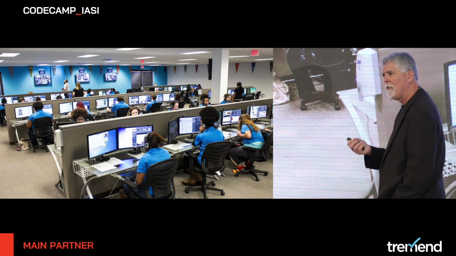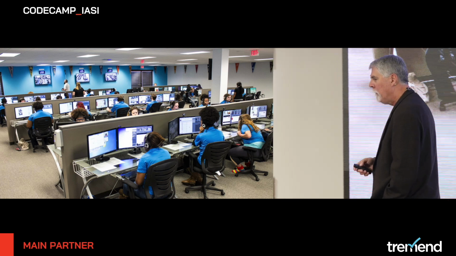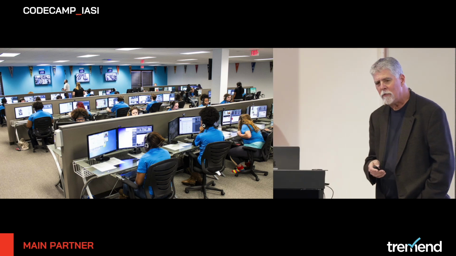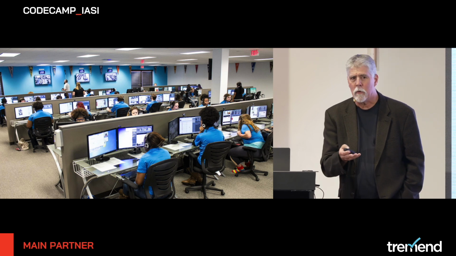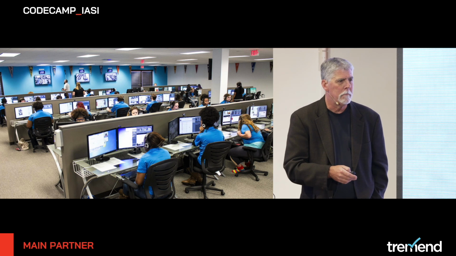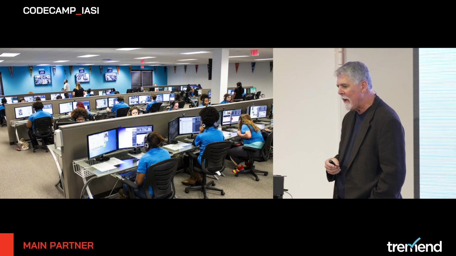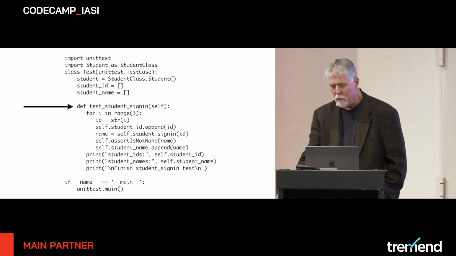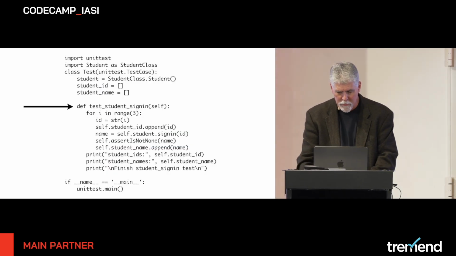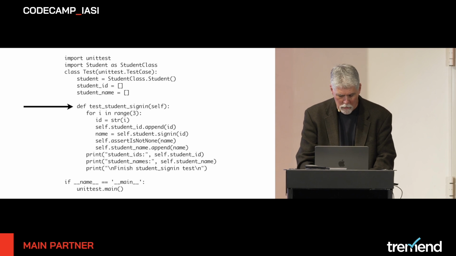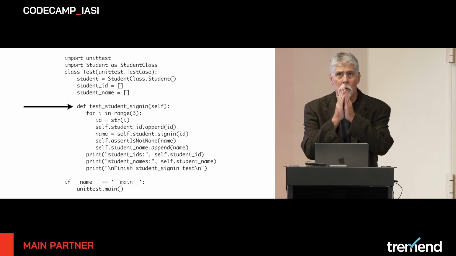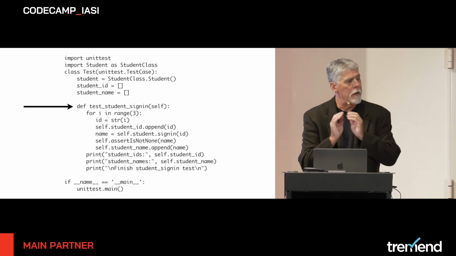How do we test a system like this? Well, that's actually pretty easy. We write a unit test case for the functionality. And as a matter of fact, here's a particular test right here to test the student sign-in. Let's do this, okay? So we're going to run this unit test here, and it passed.